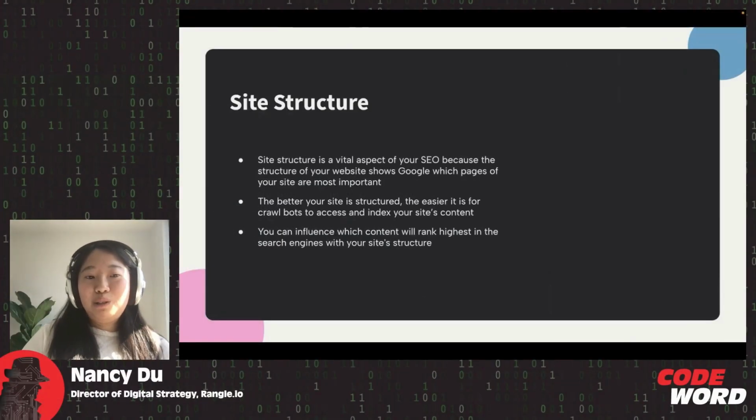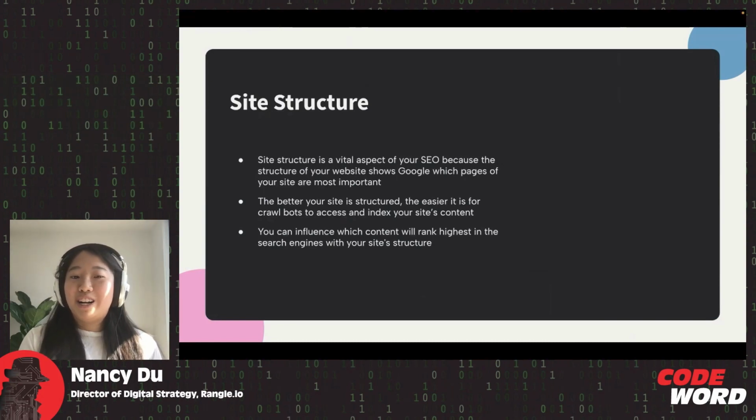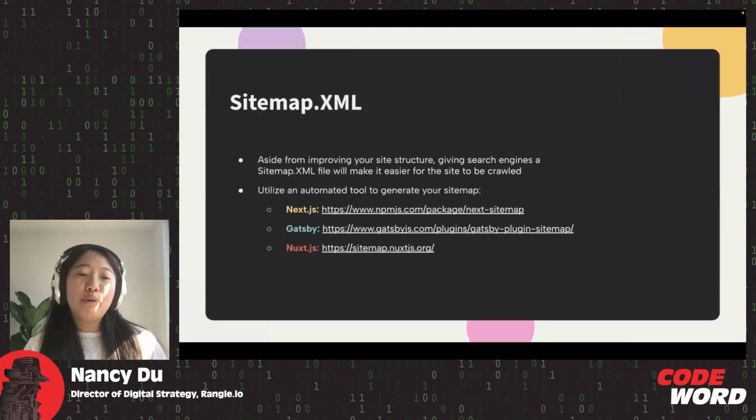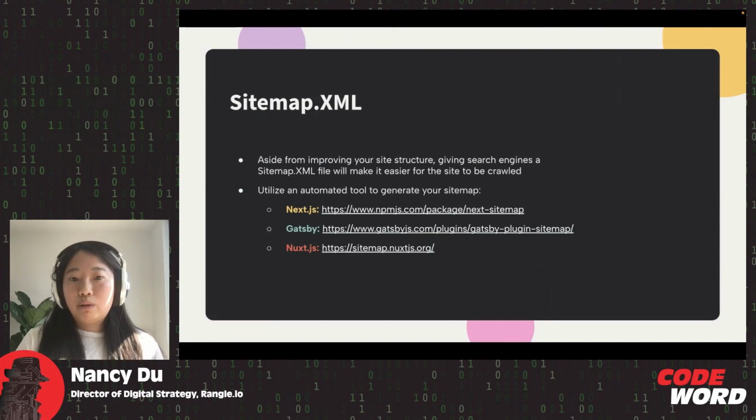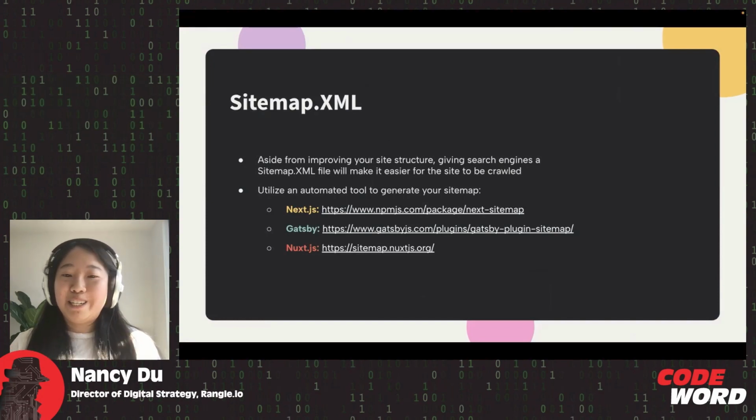And the great news is you can actually influence which content ranks higher, depending on how you structure your site. Although a lot of the improvements come with re-architecting your information architecture and your site structure itself, there is another way to at least give Google and these search bots a better idea about how to navigate your site, and that's by providing a sitemap XML file.